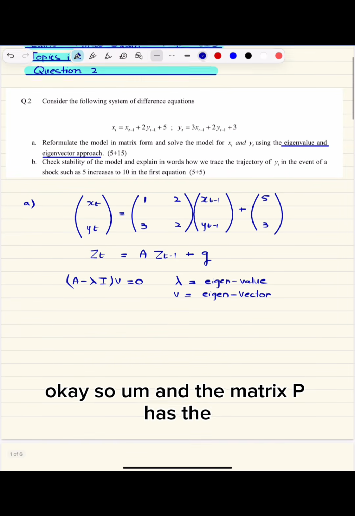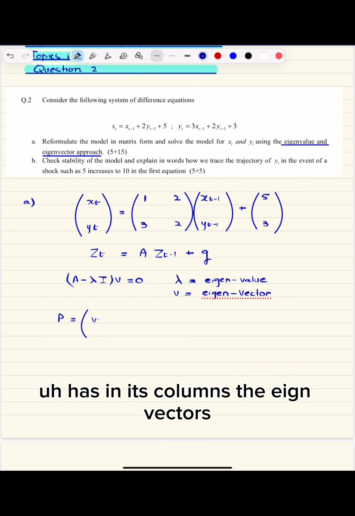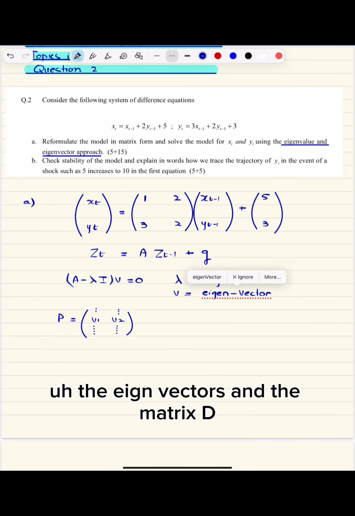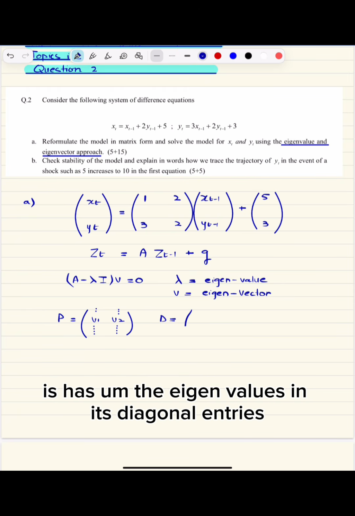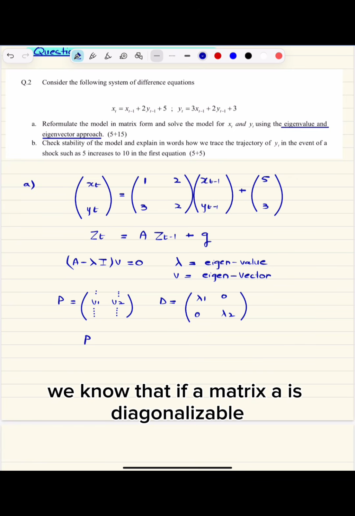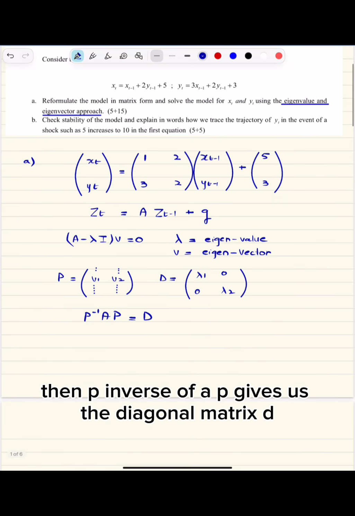The matrix P has in its columns the eigenvectors, and the matrix D has the eigenvalues in its diagonal entries. If you're familiar with diagonalization, we know that if a matrix A is diagonalizable, then P inverse A P gives us the diagonal matrix D.